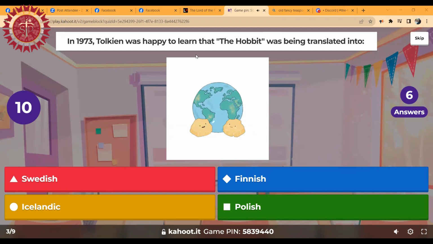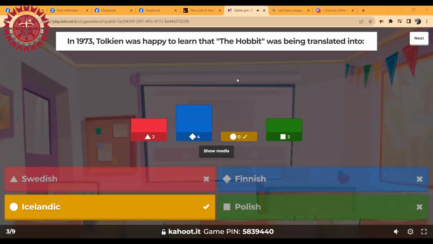I made sure to look at the last letters because we're reading the first letters up to half to 100. And the correct answer was Icelandic. I just looked it up in the letters and I found it. I thought it could be something that nobody knew.